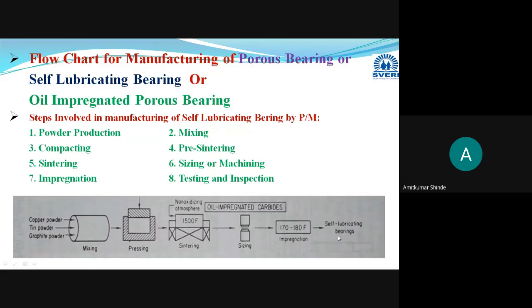Self lubrication will occur there, as we have filled its pores with cold or hot oil by the impregnation process. In actual application, that oil will act as a lubricant. That's why it is termed a self lubricating bearing.